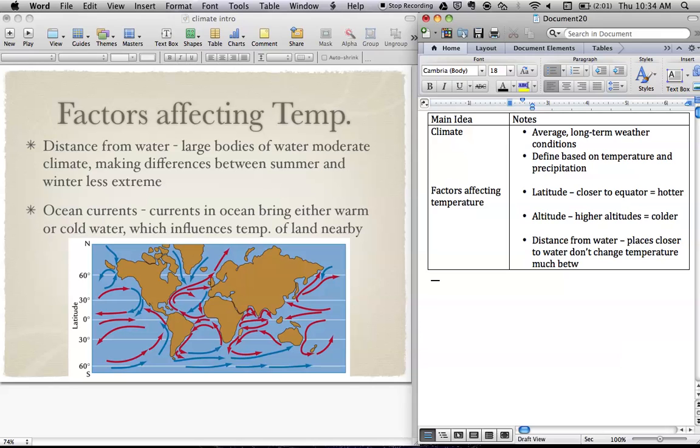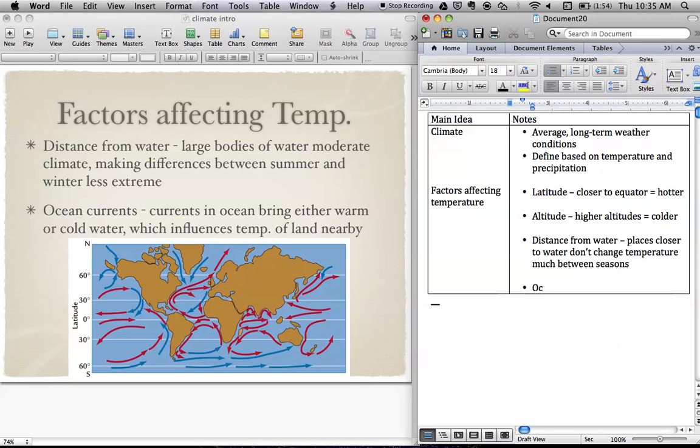So we know that water heats and cools much more slowly than land does. So a place close to the water isn't going to change temperature as much between winter and summer because the water will help to make that temperature difference a little bit less extreme. So somewhere on the coast would have a pretty mild winter and a pretty cool summer. Somewhere in the middle of the country would have a much hotter summer and a much colder winter.